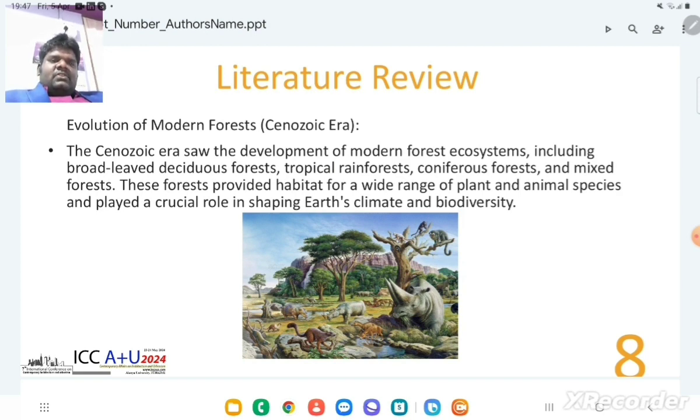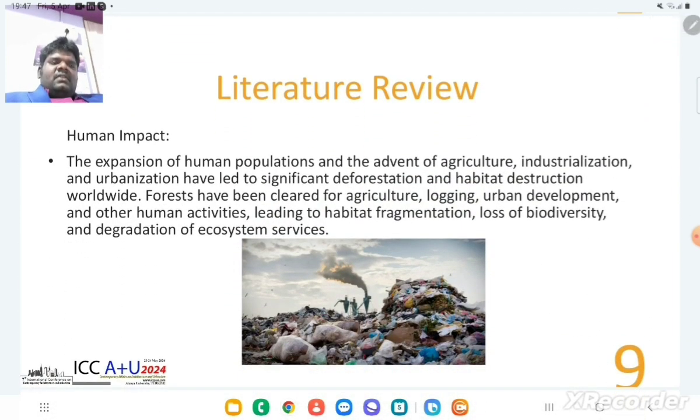The Cenozoic era saw the development of modern forest ecosystems, including broad-leaved deciduous forest, tropical rainforest, coniferous forest, and mixed forest. The forest provided habitat for a wide range of plant and animal species and played a crucial role in shaping Earth's climate and biodiversity.